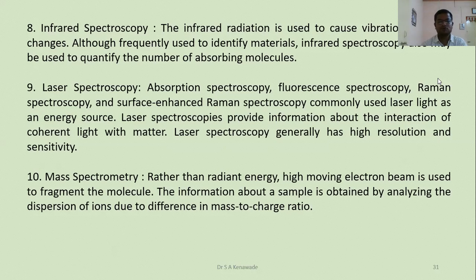In this mass spectroscopy, a high moving electron beam bombards the molecule so that the molecule fragments, and these fragments are analyzed separately according to mass to charge ratio, so we can easily find out the molecular weight of the unknown molecule.